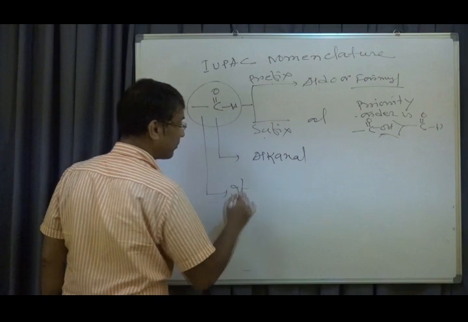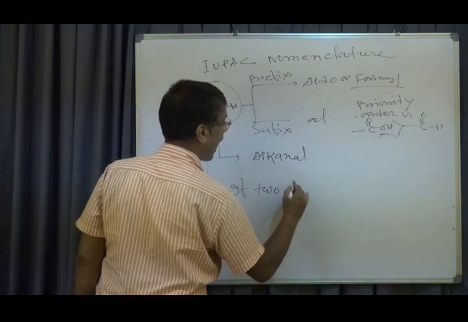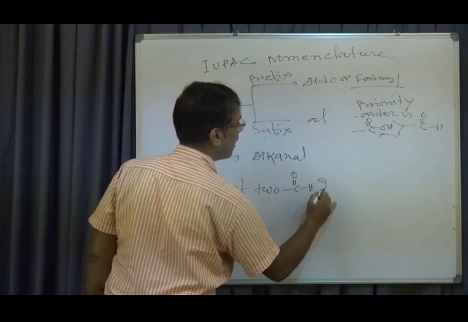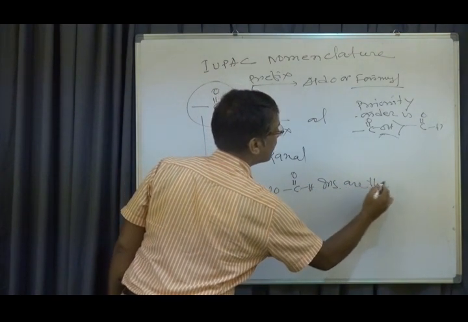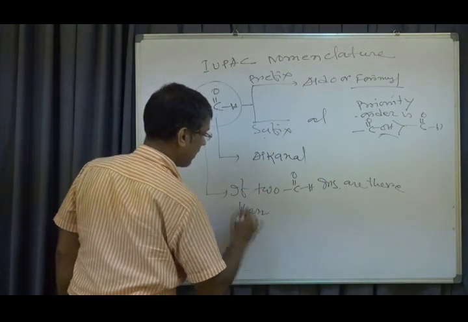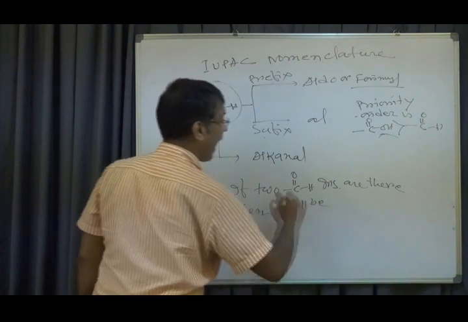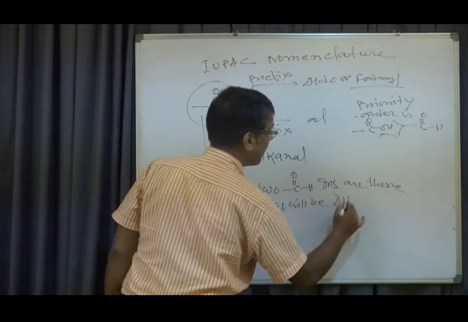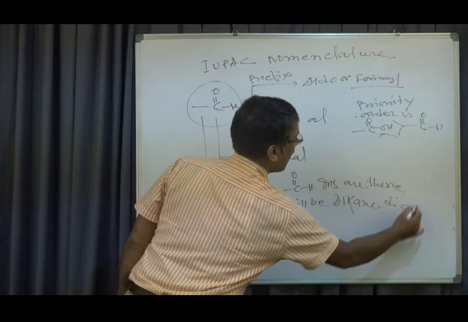If two aldehyde groups are there, then it will be alkane dial.